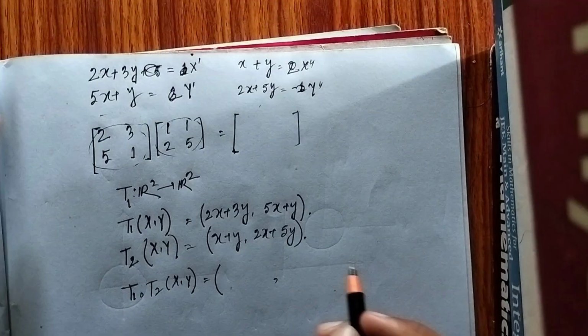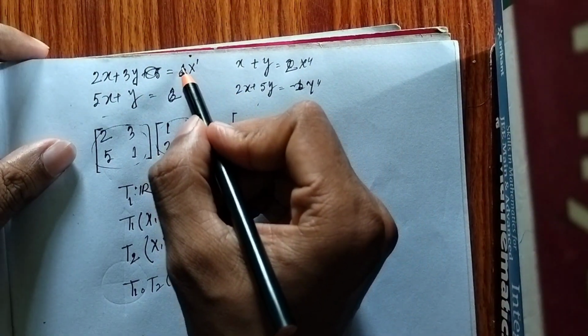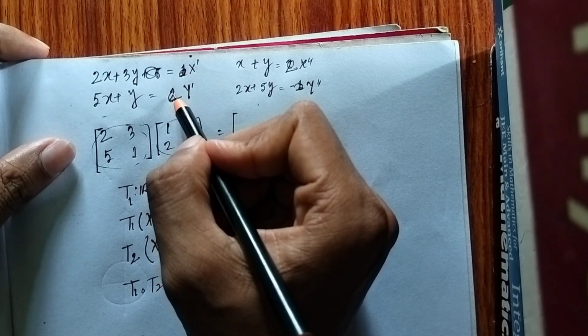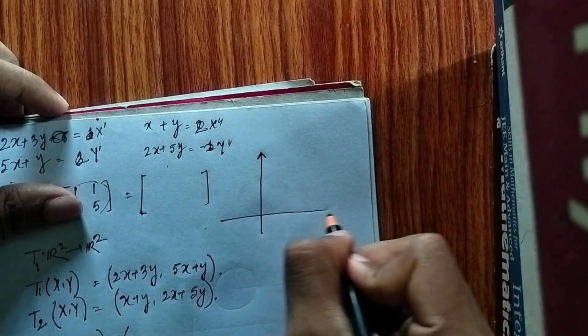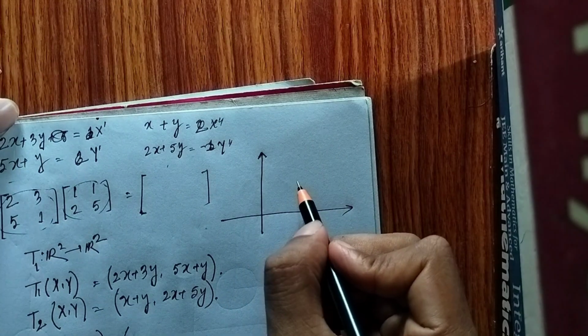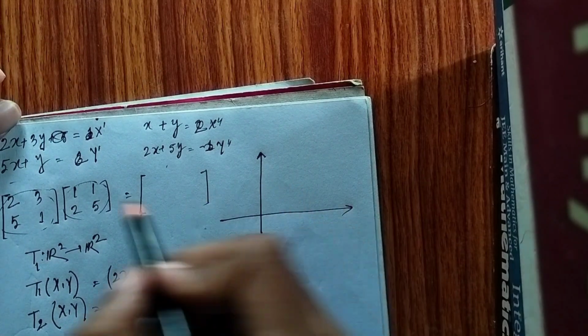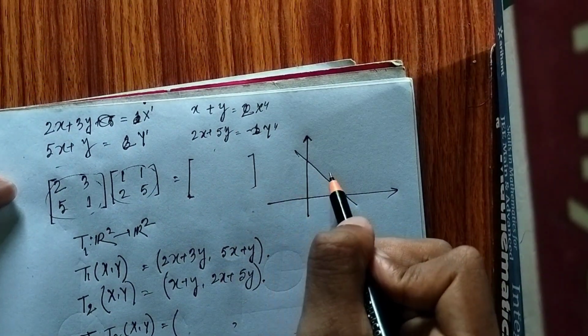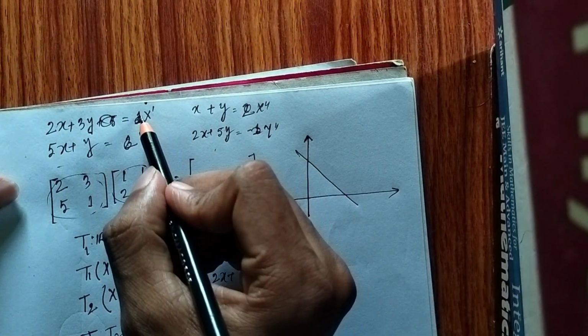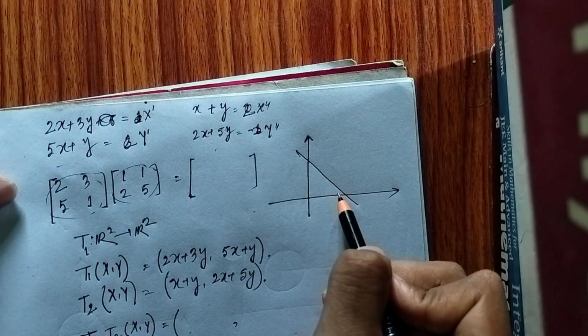One question that may come to your mind is why I vanished the two constants. So let me tell you. Take 2x plus 3y, what is the line? If I put something, let's say 1 here, this is a particular line segment.